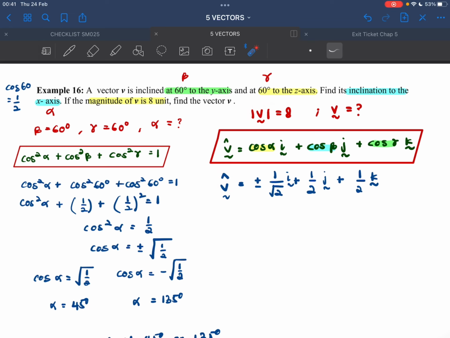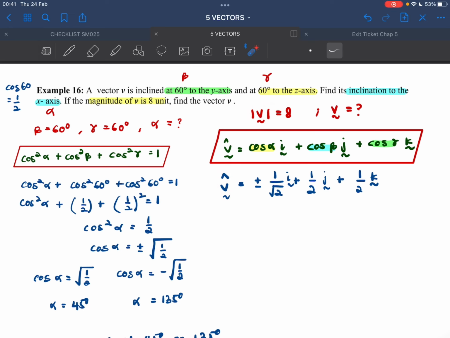Besides the formula using the direction cosine, we can also use the formula vector over magnitude to find the unit vector. Okay, this is one more formula that we can use to find the unit vector.